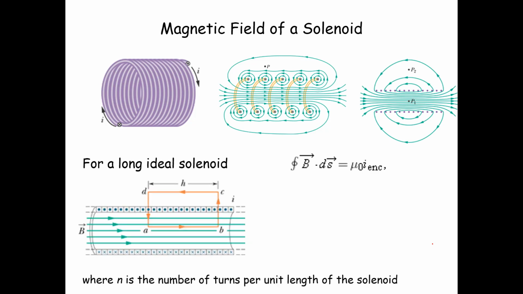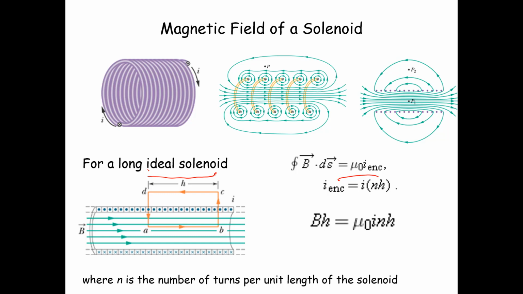We can calculate the B by using Ampere's law. Closed integral B ds is equal to mu 0 I enclosed, and I enclosed is equal to I N h. N is the number of turns, and h is the length of the solenoid.